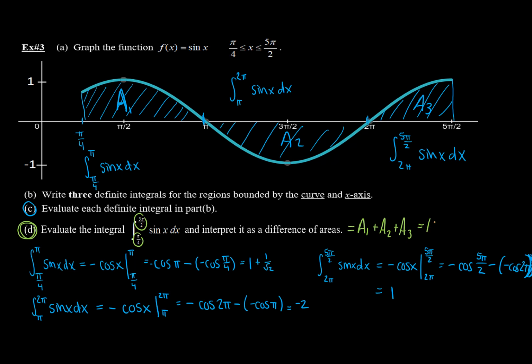So I'm going to have 1 plus 1 over root 2 for the first part, plus a negative 2 for the second part, and then plus 1 for the third part. And when I add all those together, I get 1 over root 2, or root 2 over 2.